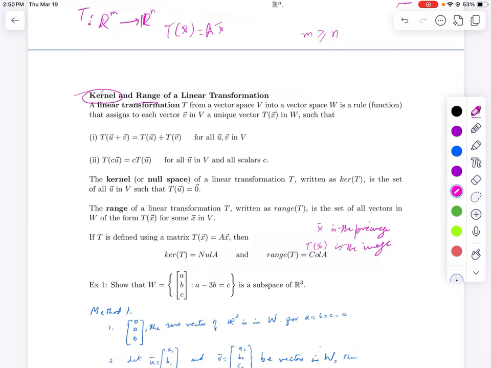If my transformation is named T and I have an x here, then this x is going to be mapped onto a T of x: that is the pre-image and that is the image.